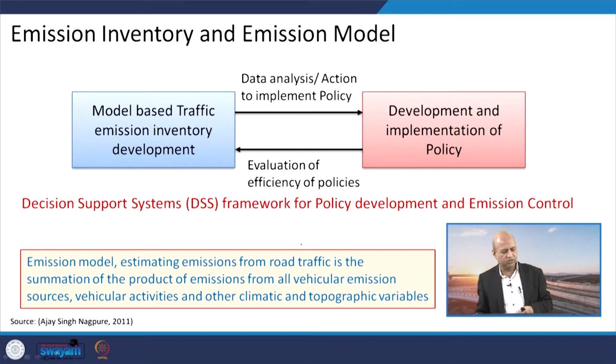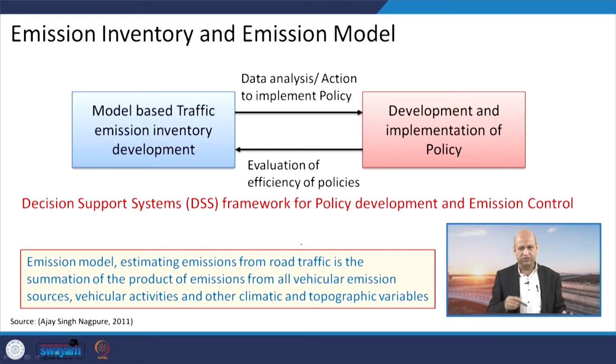When we talk about emission inventory and models, this is a very simple schematic diagram which can give you a conceptual understanding of the development of an emission inventory. The data analysis is needed for policy making and policy implementation. So, we have to have some models which can estimate the emissions of different pollutants for road traffic.